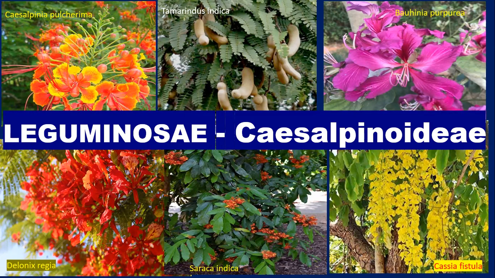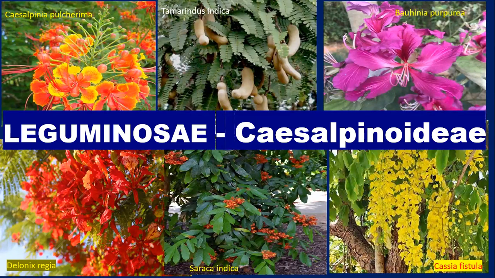Before going to the topic, try to remember some well-known examples for this family. See the pictures. Caesalpinia pulcherrima is one of the plants placed under the Caesalpinoideae family. Tamarindus indica is another plant placed under this family.